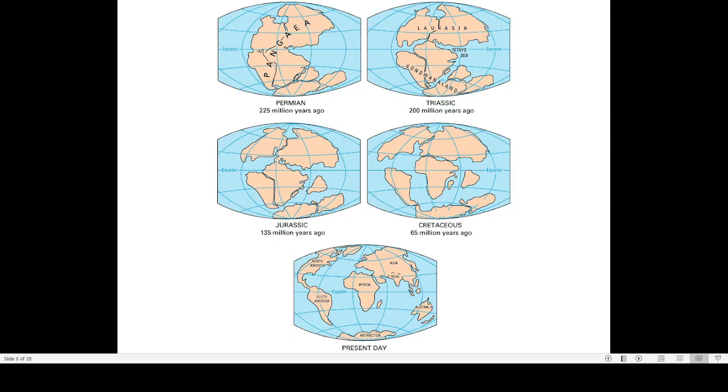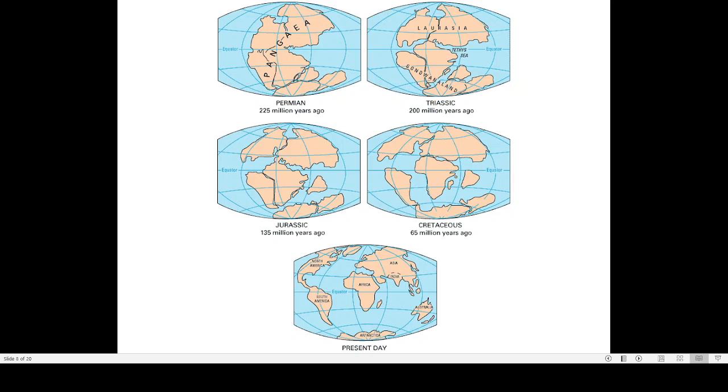We should be able to explain why this is happening. So when we are studying about this movement of the continents, and when we know how the present positioning of the continents has taken place, it will be easier for us to explain how this distribution of animals has taken place.